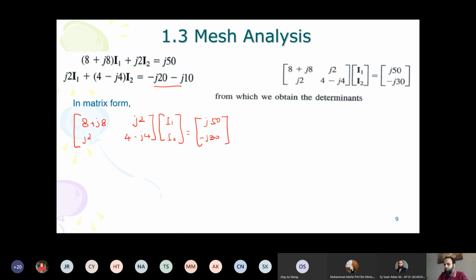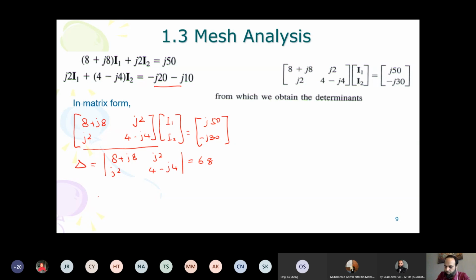We have the matrix form. The determinant of the system matrix, they call it delta, is 8 plus j8, j2, j2, 4 minus j4, and it comes out to be 68.